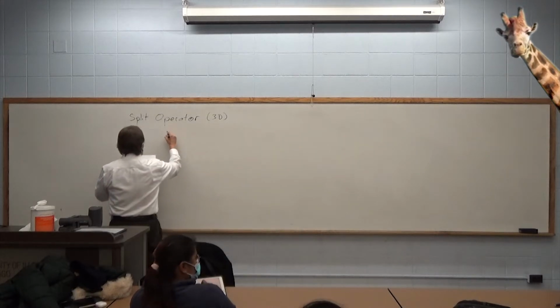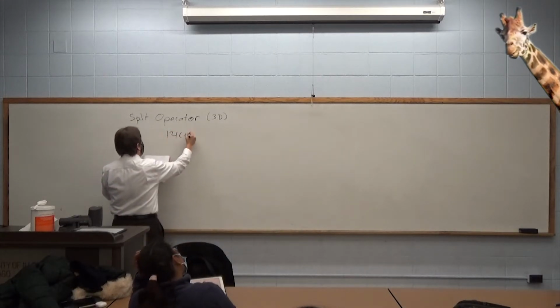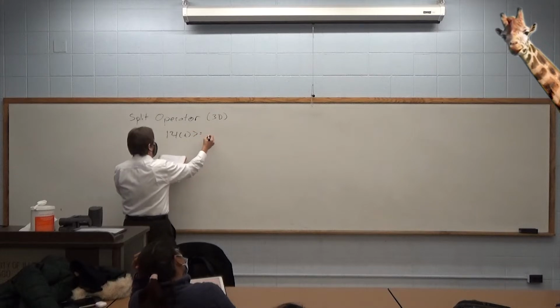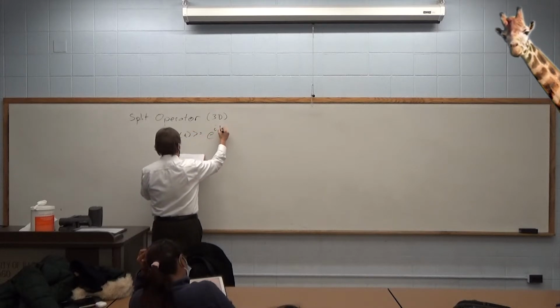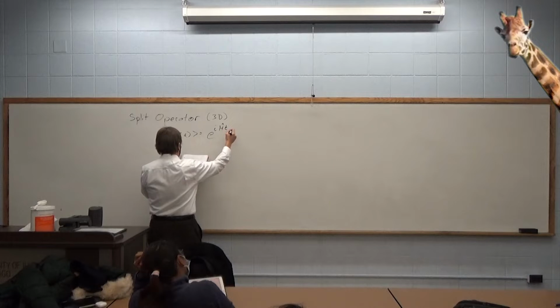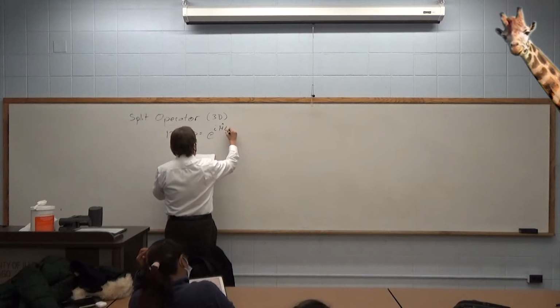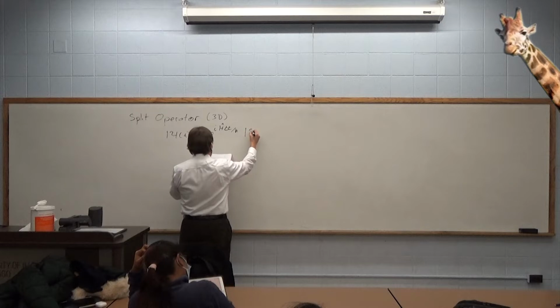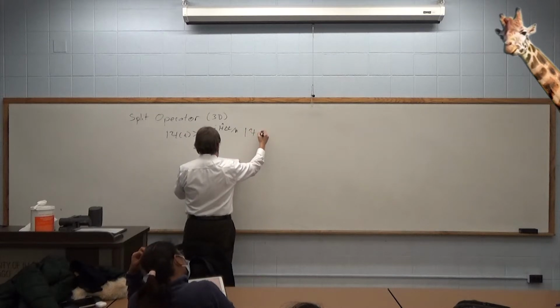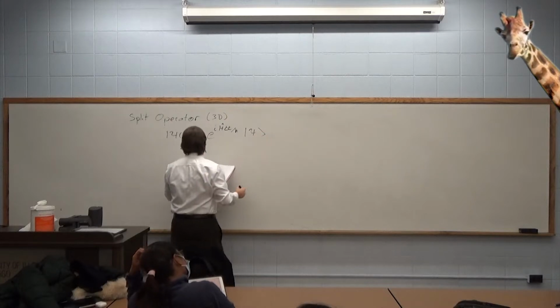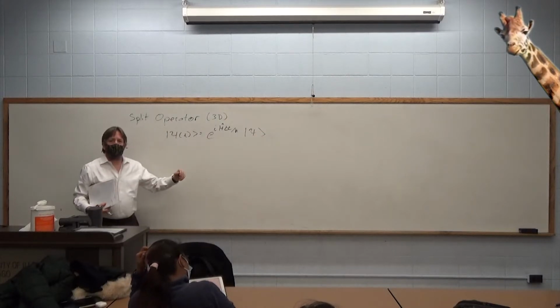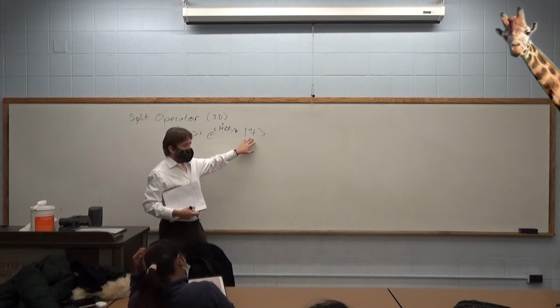All right, and of course what we're doing in the Schrodinger frame is we are going to time evolve a wave function over a step delta t. You can start with anything you want.